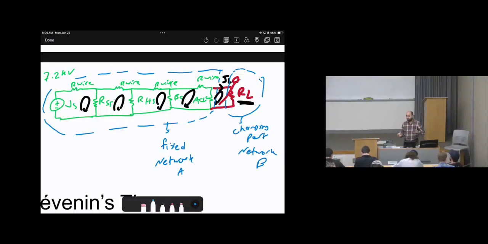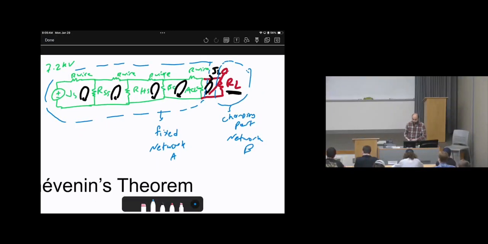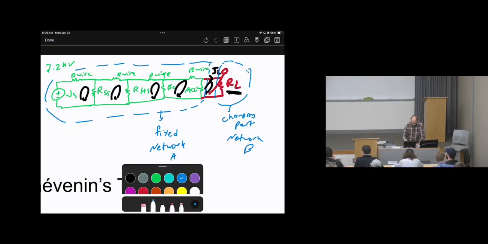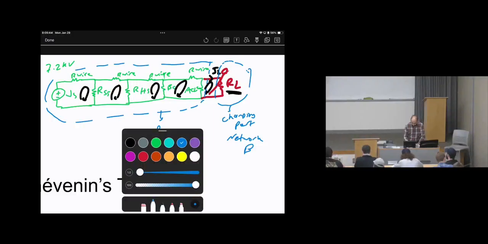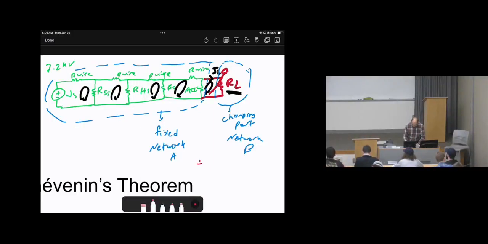So the fixed part, the current existing system with the Auburn electrical connection system or University electrical connection system, I can replace by an equivalent circuit. That equivalent circuit will be a combination of a voltage source and a resistance in series.